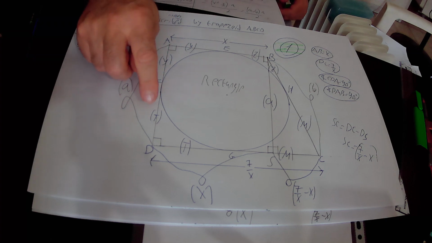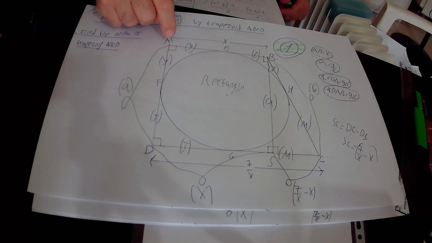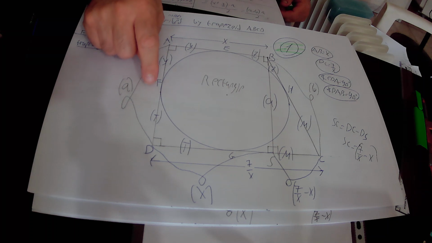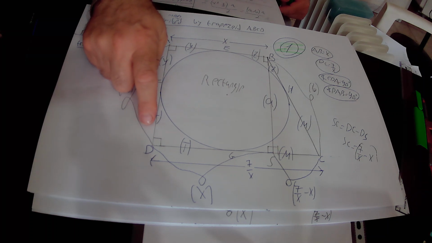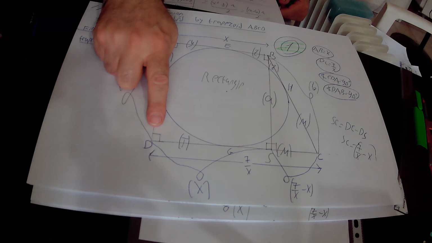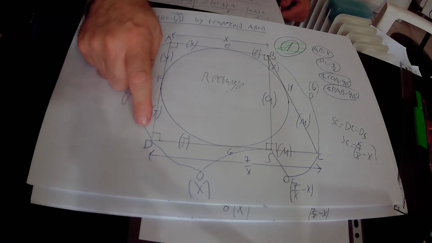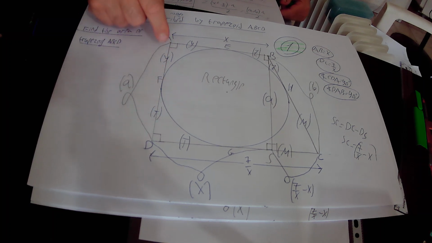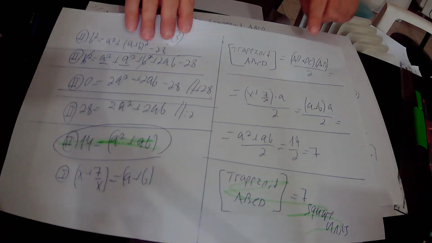The height to the base must create 90 degrees with the two bases. DA creates 90 degrees with the base AB, and this DA also creates 90 degrees with the other base DC. Therefore AD is the height to the base because it creates 90 degrees with the two bases. So the height is AD.